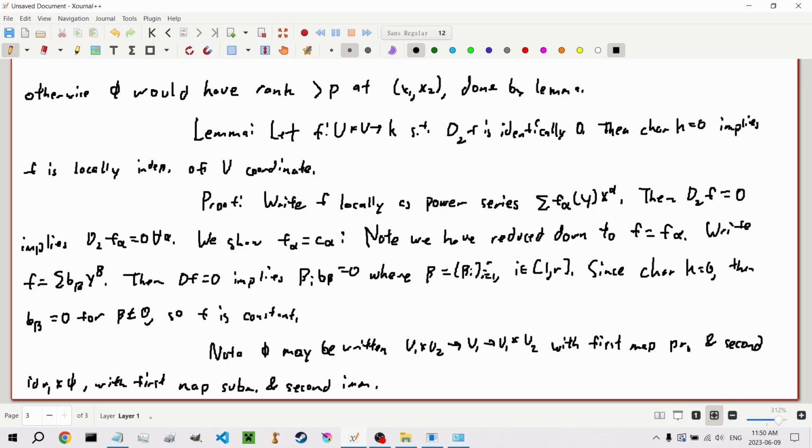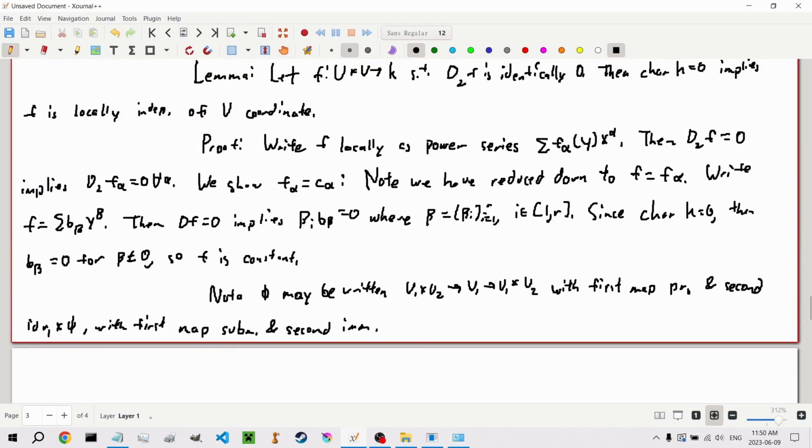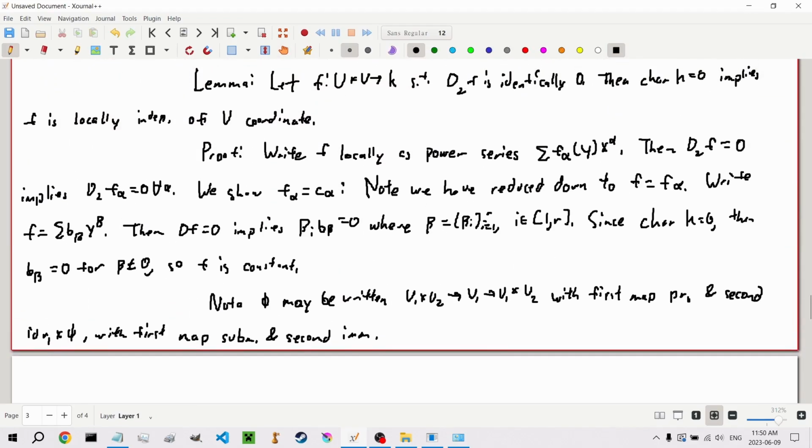And we have a couple of corollaries to follow up on this. First corollary. Once again, this is exclusive to character 0.